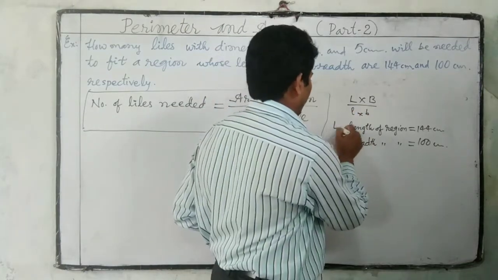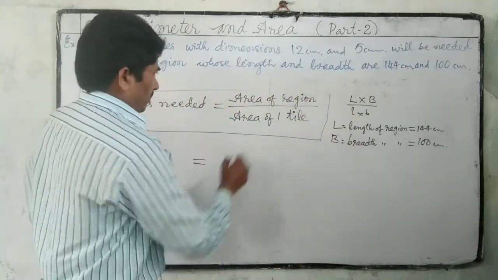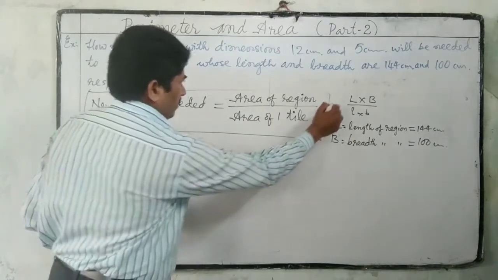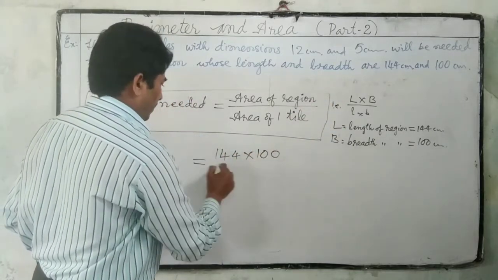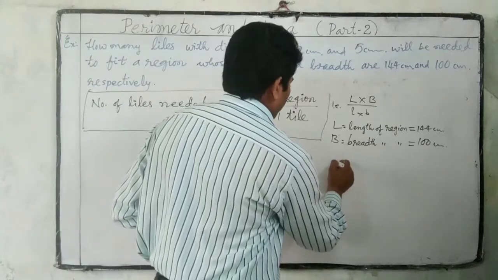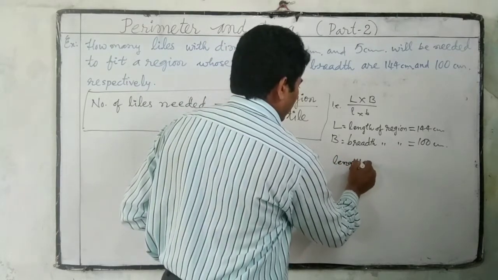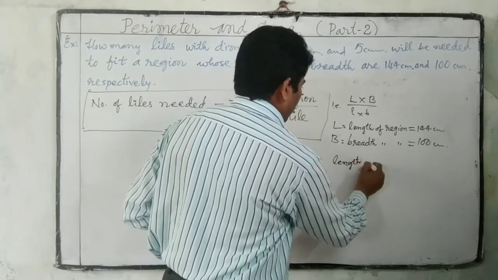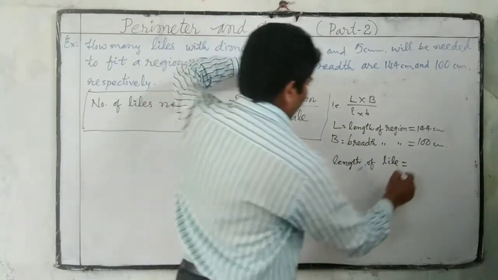This is capital L, this is capital B. So 144 into 100 by length of tile is equal to 12 centimeters.